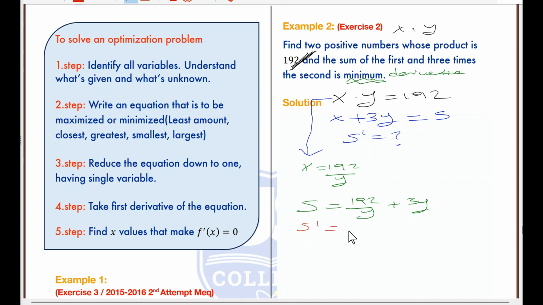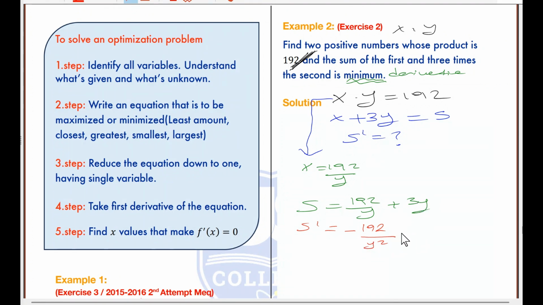S prime equals negative 192 over y squared.